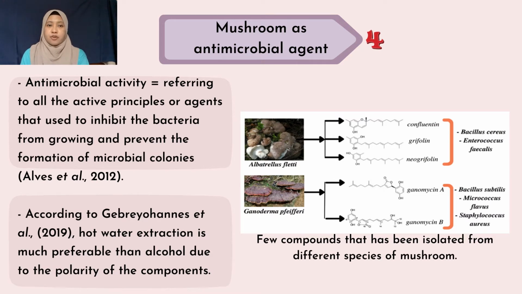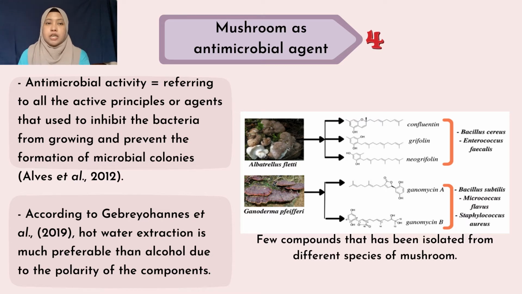As we can see from the figure, confluentin, grifolin, and neogrifolin are the compounds that have been identified in Albatrellus flettii. It showed antimicrobial activity against Bacillus cereus and Enterococcus faecalis. On the other hand, Ganomycin A and Ganomycin B have also been identified from Ganoderma pfeifferi.